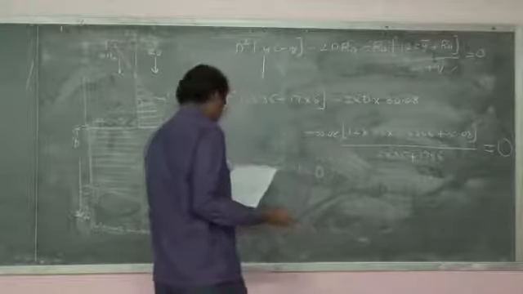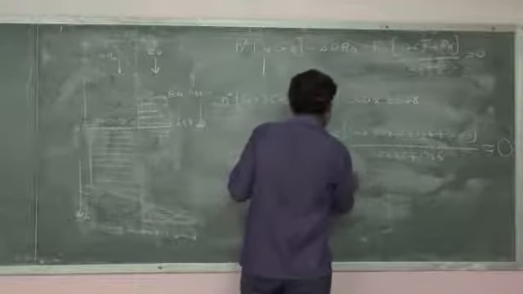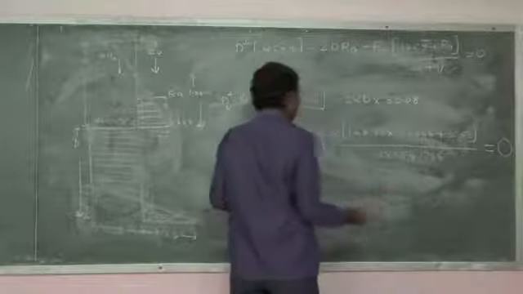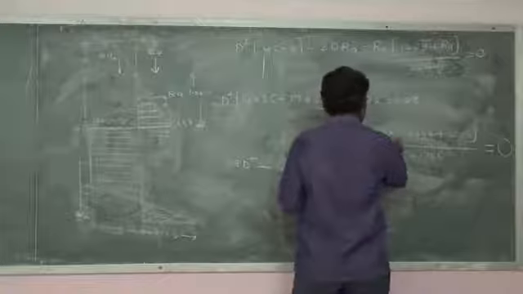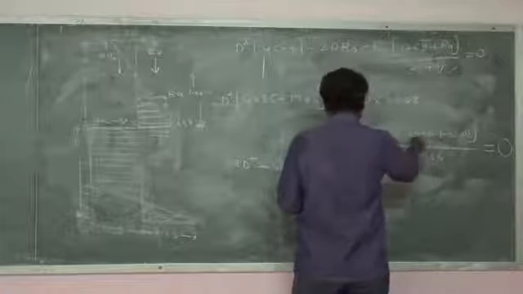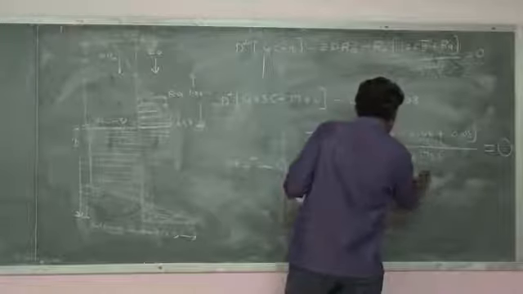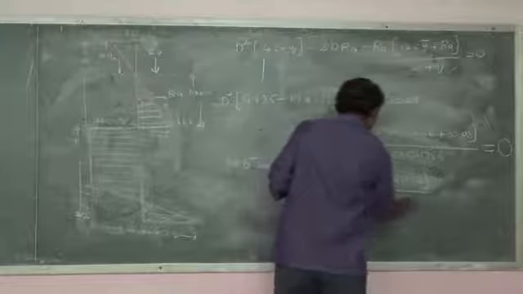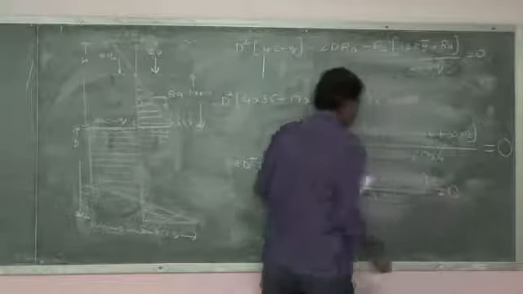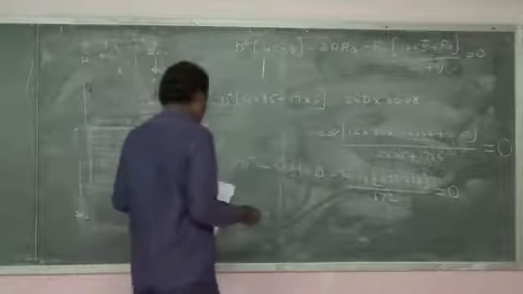This 60.16D minus 30.08, and if you multiply 12 into 35 into 0.66 plus if you add all these things, you will get 293.252. This divided by 172 is equal to 0.